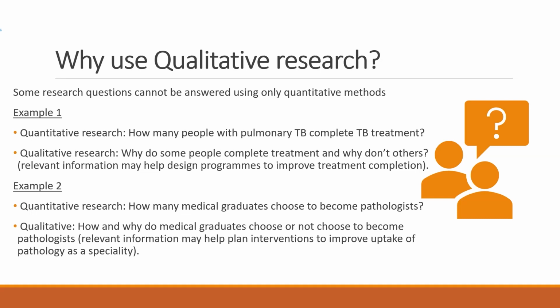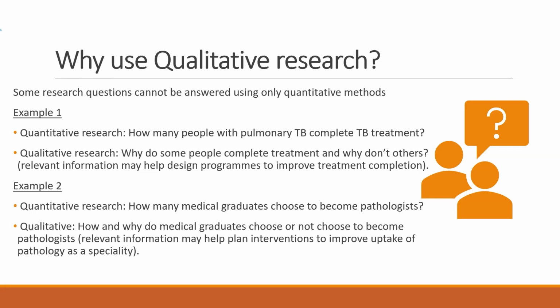So closer to home, given the global shortage of medical graduates choosing to become pathologists, quantitative research can tell you how many medical graduates choose to become pathologists, and the answer is unfortunately very few.